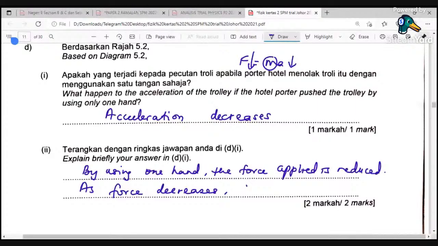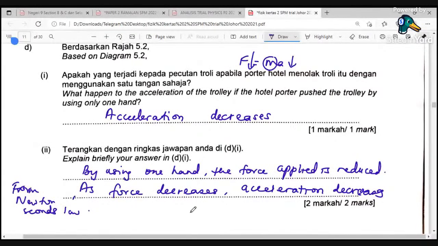The force decreases. I state like showing that you really understand. Acceleration decreases.